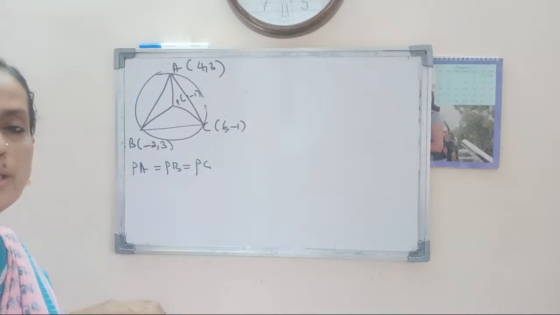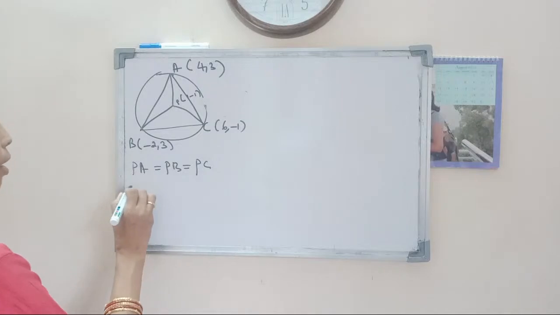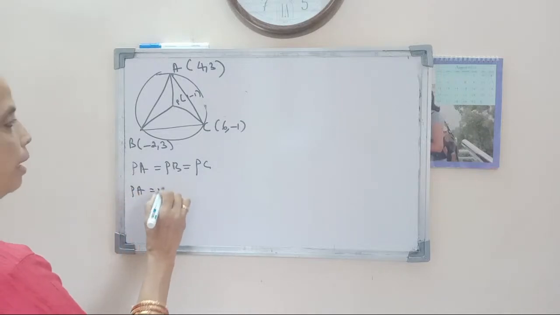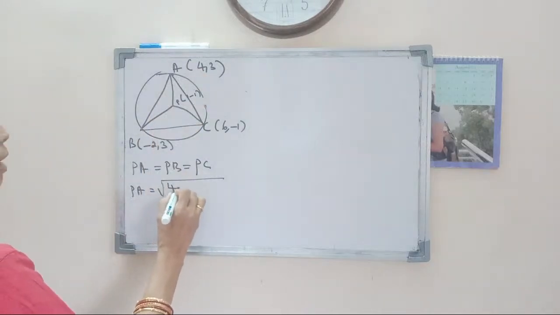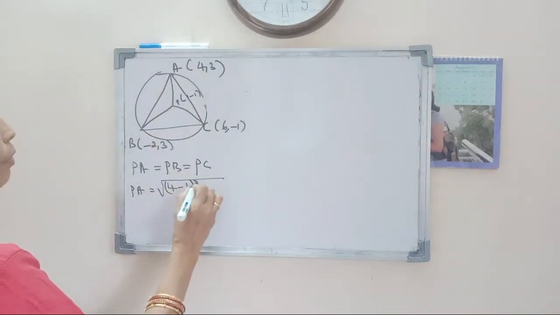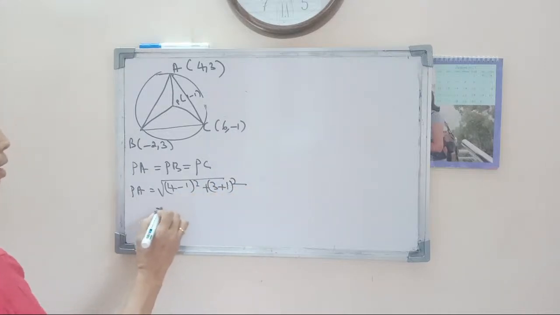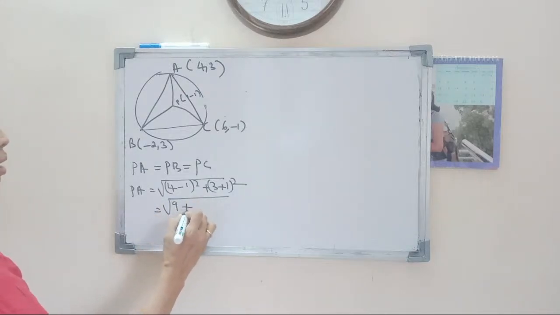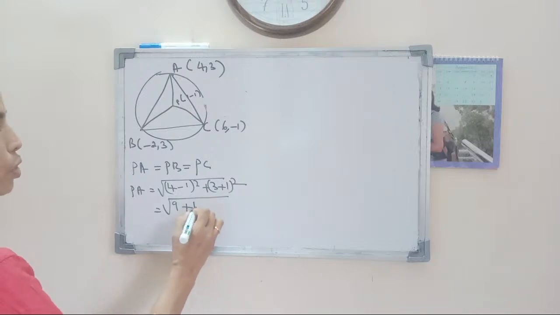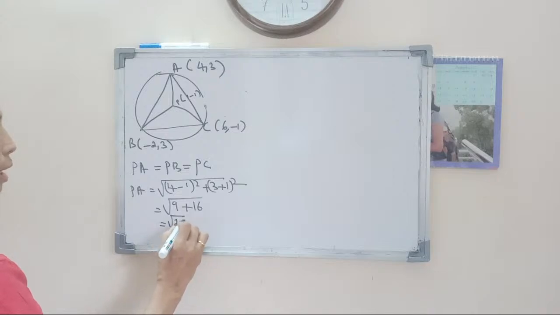Come on, check it. We have to check the distance PA. For the distance PA, we have root of (x1 minus x2) whole square plus (y1 minus y2) whole square: 4 minus 1, 3 square is 9, 3 plus 1 is 4, 4 square is 16, it is root 25, the answer is 5 units.